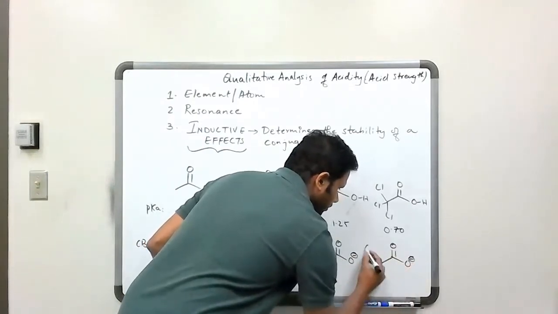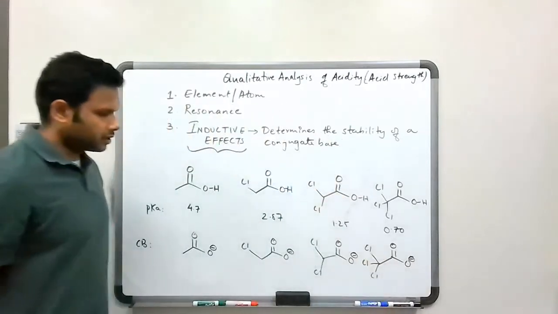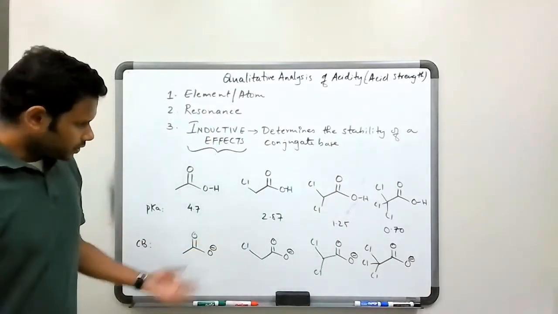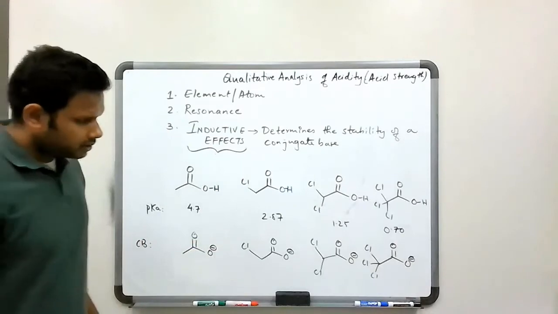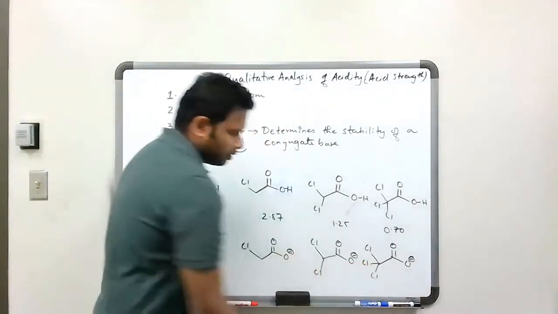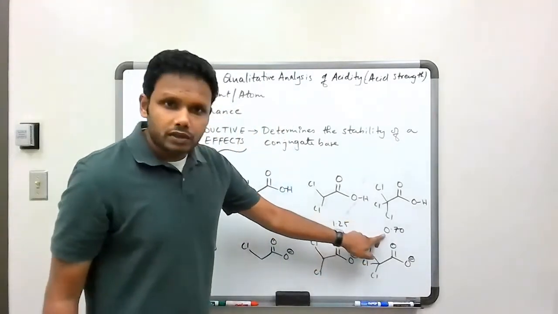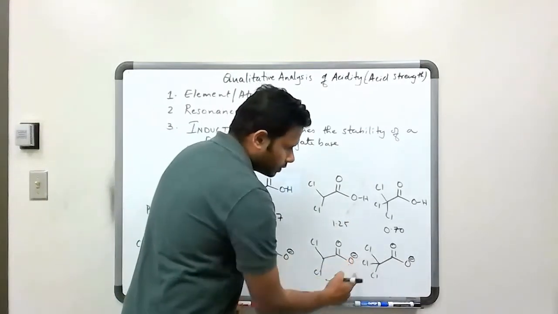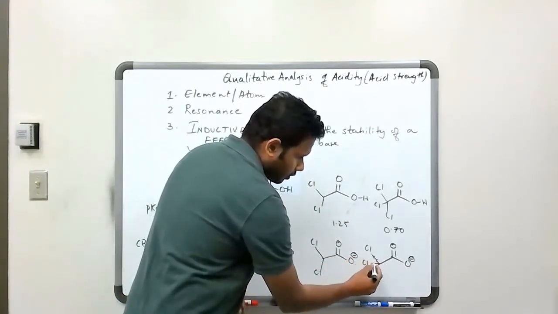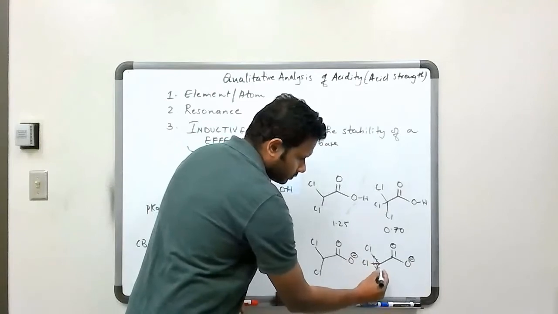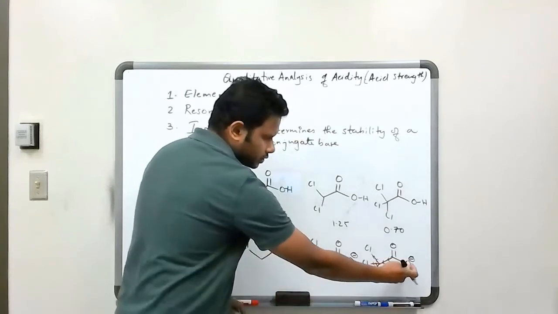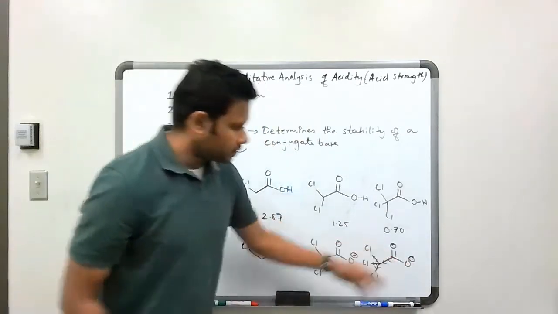So there are three chlorines, so we call that a trichloro. And now, as you can notice, so these are all the conjugate bases. So in the conjugate base of the strongest acid, there are three chlorines at this position. They are all pulling electron density to some extent, and that gets pulled from that oxygen atom.